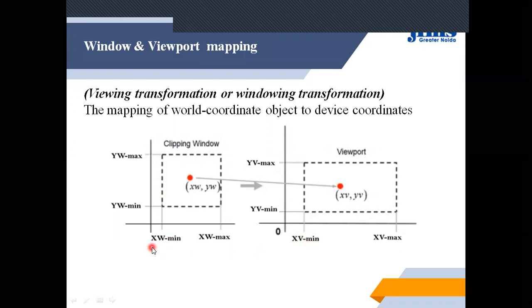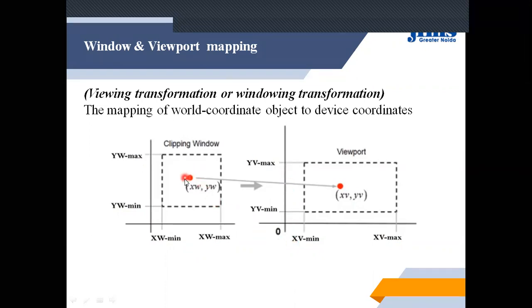So this is the x coordinate minimum and x coordinate maximum for the window, whereas y coordinate minimum and y coordinate maximum of the window are the same. This is the x coordinate minimum and maximum for the viewport, as well as the y coordinate minimum and maximum for the viewport.